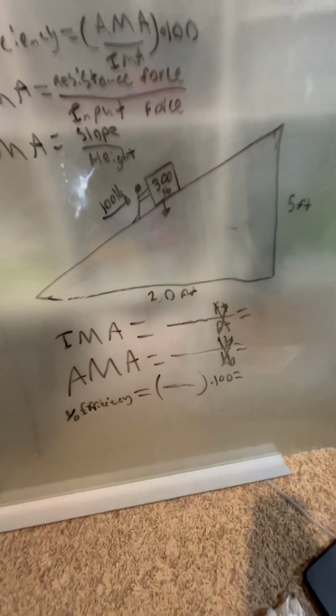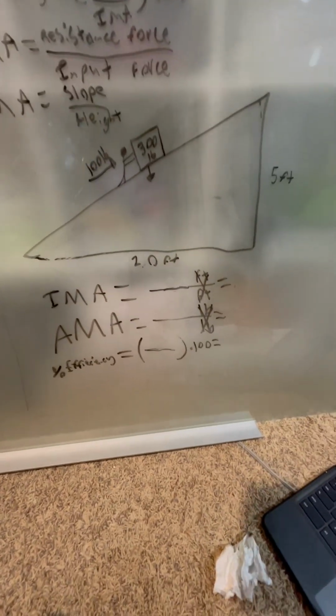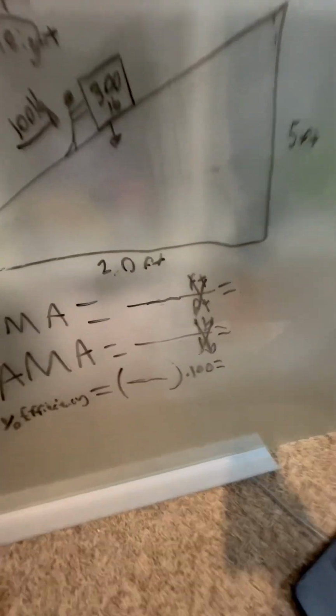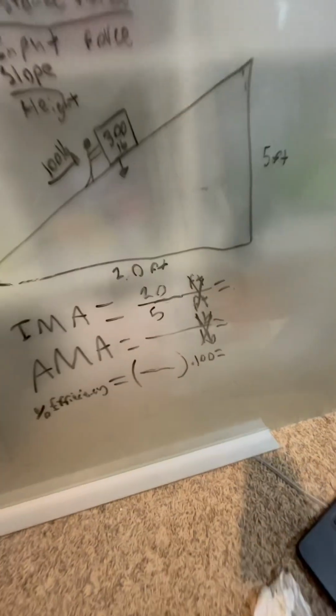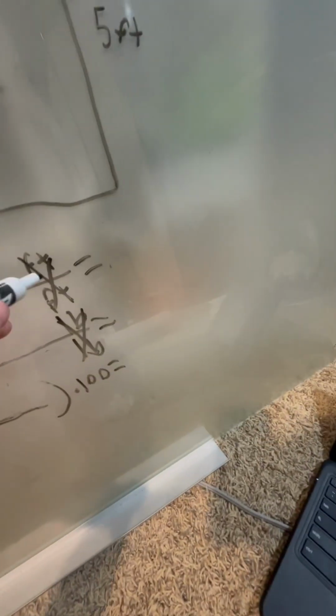So now if you did it right, you should have for IMA 20 feet divided by 5 feet. Now, I crossed out both of the feet and the pounds down here because the units divide themselves out. So, 20 divided by 5 gives us an IMA of 4.